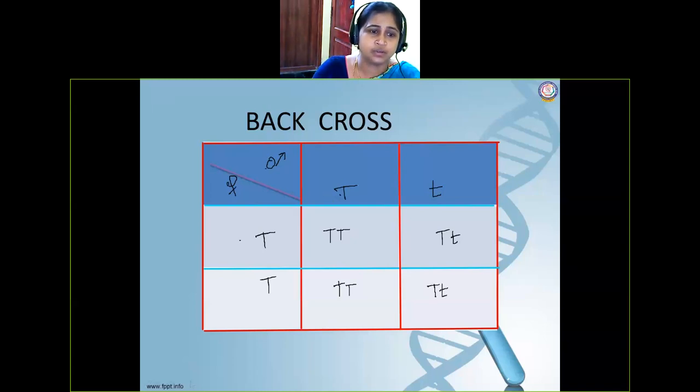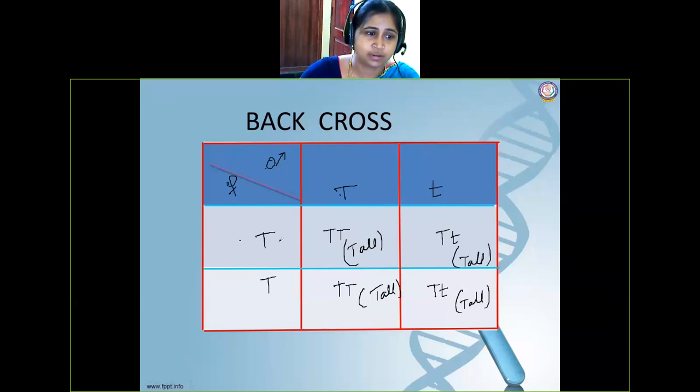Here this is tall and this one also tall, right? And here it is also tall, and this one also tall. So what are we getting? We are getting the elite variety, everything tall. Again, we'll recheck once.